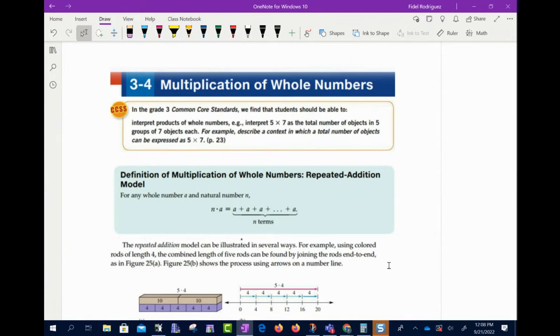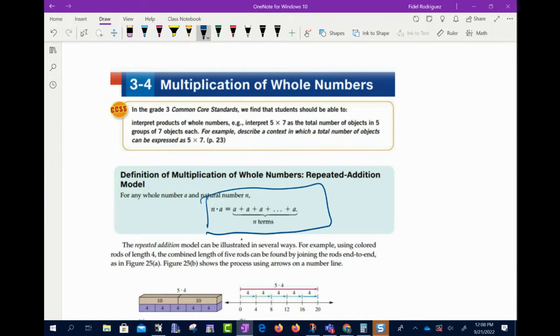The idea here is that multiplication is repeated addition. We're adding the same number over and over again. So if we have n times a, that means we're adding up the number a, n times, however many times that happens to be.